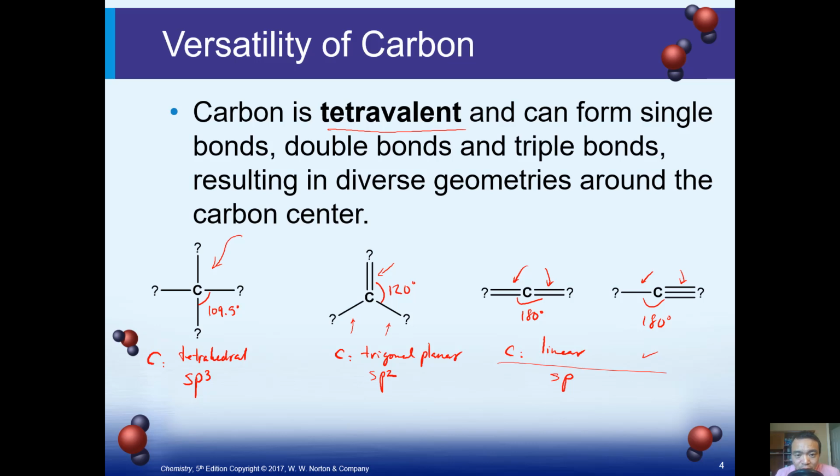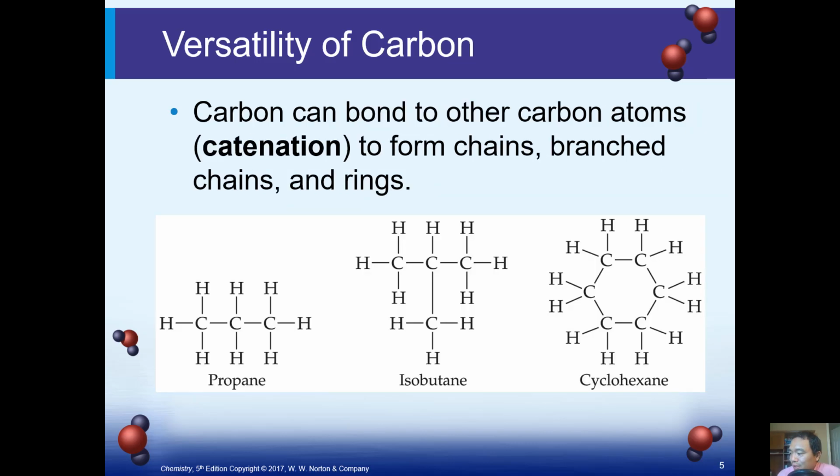Another source of the versatility of carbon comes from its ability to catenate. Catenate means the ability for the element to bond to the same element. So carbon can bond to other carbons and form different shapes: chains, branched chains, or rings.